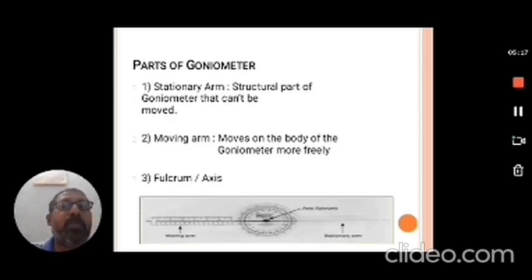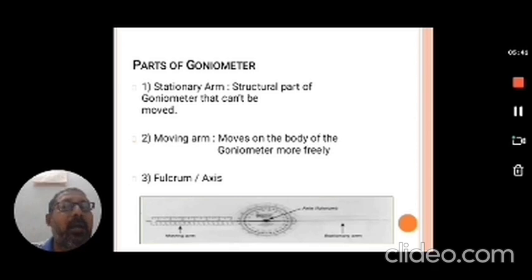These are the parts of the goniometer. The goniometer is made up of three major parts. One is the stationary arm, which is the structural part of the goniometer that doesn't move, attached to the body of the goniometer. The second part is the movable arm, which moves along with the part of the body or the segment which is going to be tested.